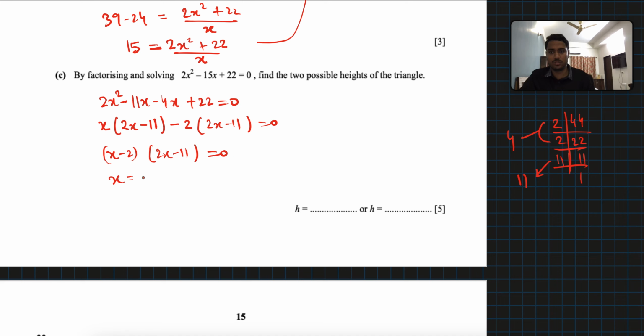So we get x equals 2, and from here we get x equals 11 by 2. Or if you don't want the fraction, multiply this by 2 and you'll get x equals 4, and here x is going to be 11. So 4 and 11.